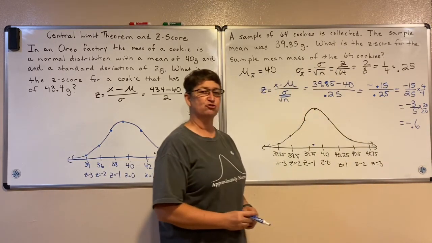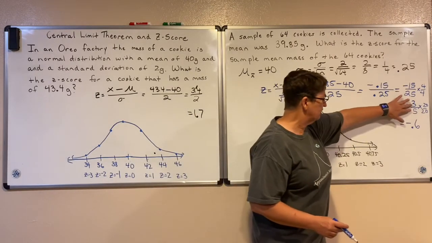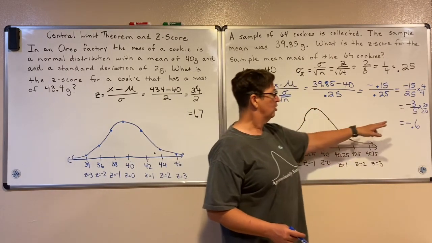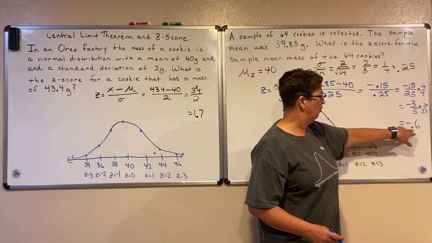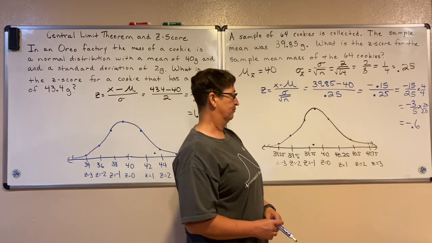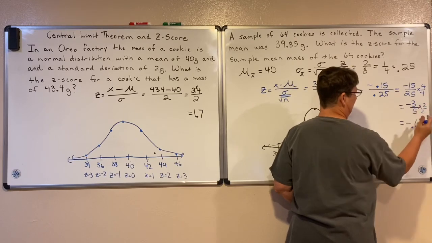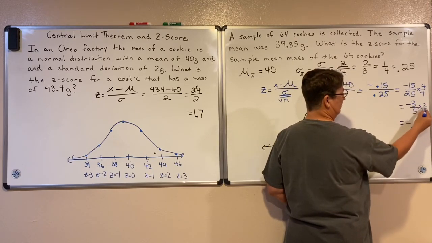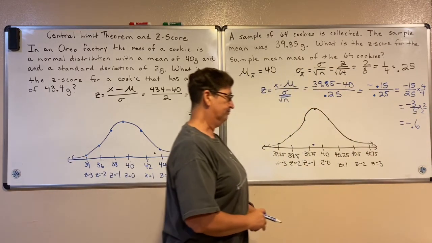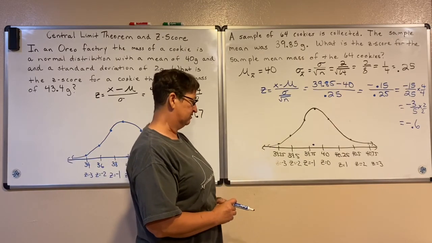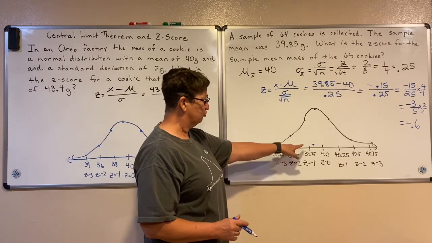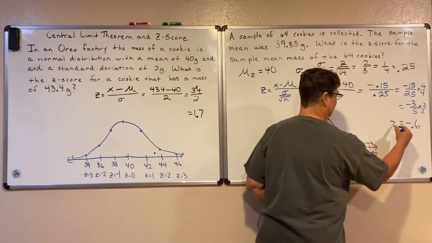So if we make that into a decimal, this would be the fraction if I wanted to count by fractions, or it's just a negative 0.6 or 6/10. Think of it as times 2, and you can see that better because that'd be tenths on the bottom and a negative 6. So negative 6/10. So the z-score for this one is negative 6/10.